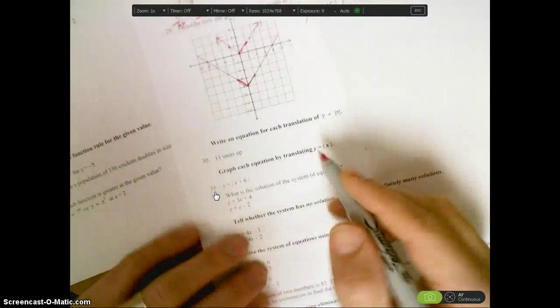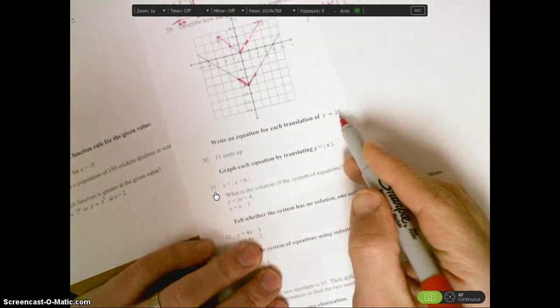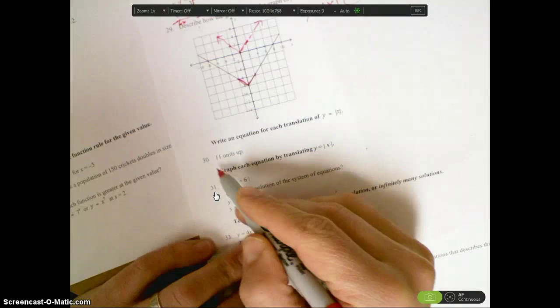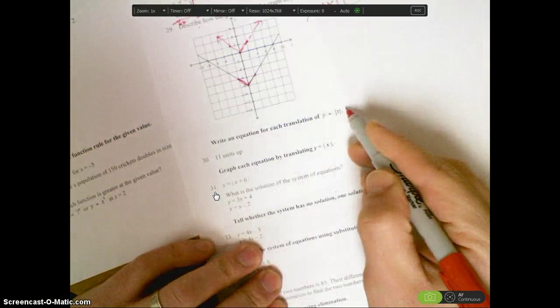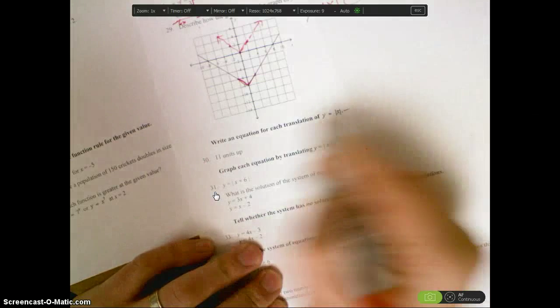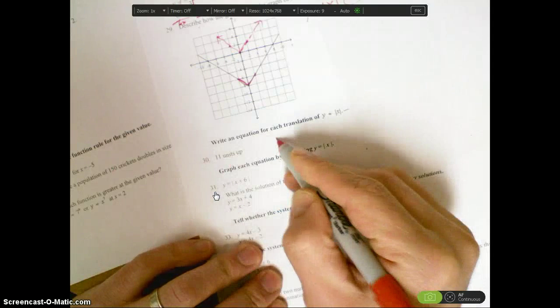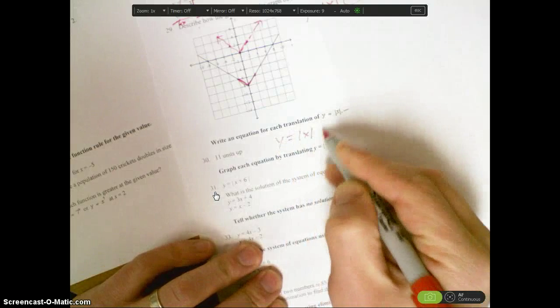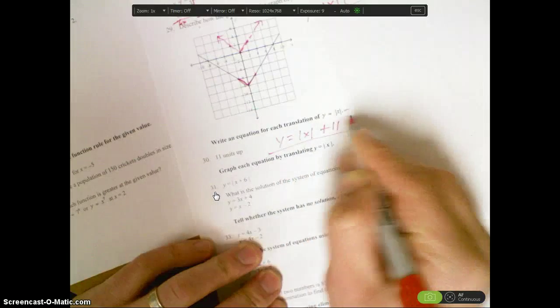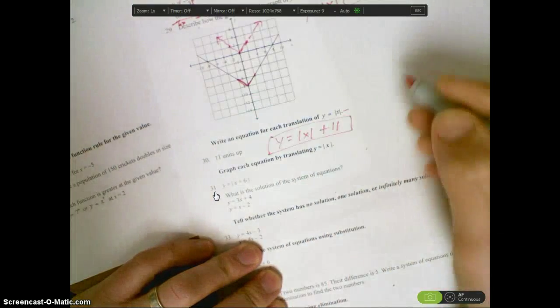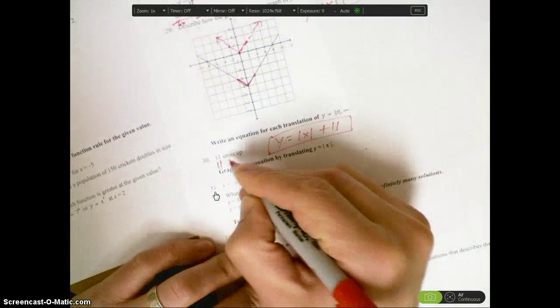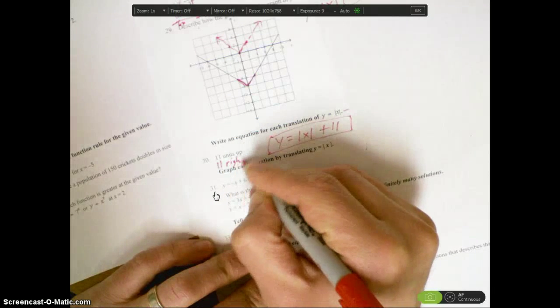All right, write an equation for each. So the translation of this, up 11 units. Remember, up is outside the absolute value. What you see is what you get. So y equals the absolute value of x plus 11 is the answer to that. If it had been, let's say, 11 units right.